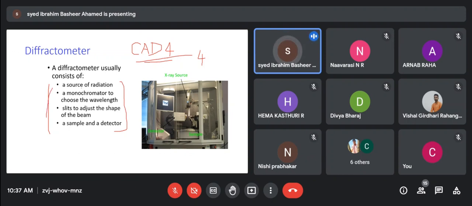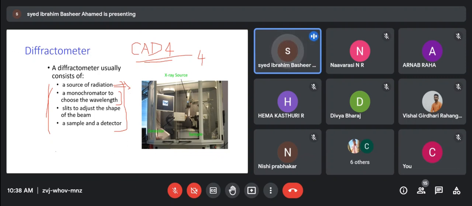Basically these are the things generally found in all diffractometers. One, you need a source of radiation, and then you need a monochromator. The radiation generator will produce the X-ray.